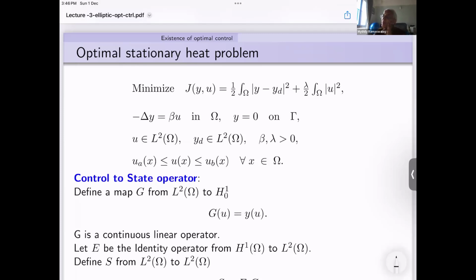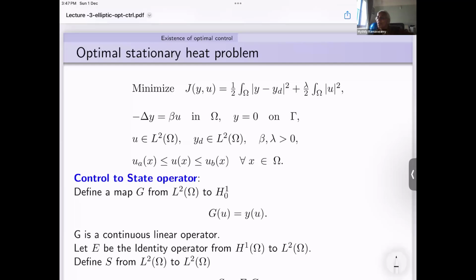And I have to minimize J, which is the integral over omega of y minus yd squared, plus lambda by 2 times the integral over omega of u squared. Now u is defined in the interior of omega. That is why I have taken the integral over omega. We can also assume the control to be bounded between ua and ub.